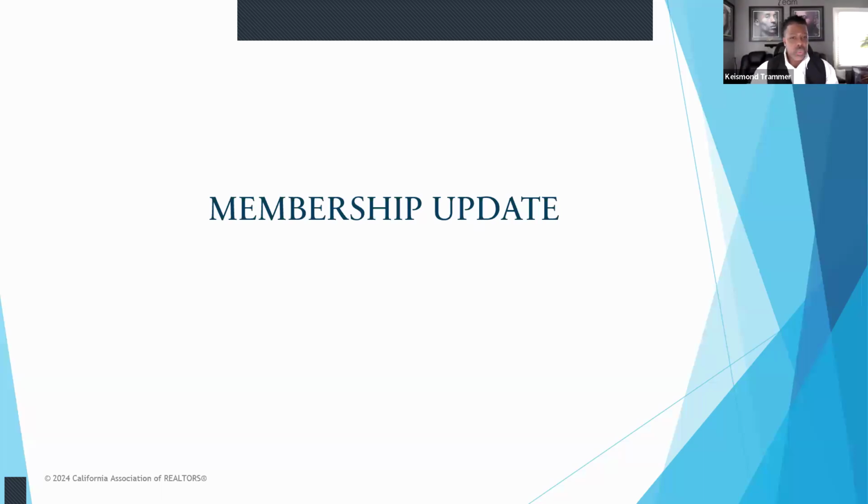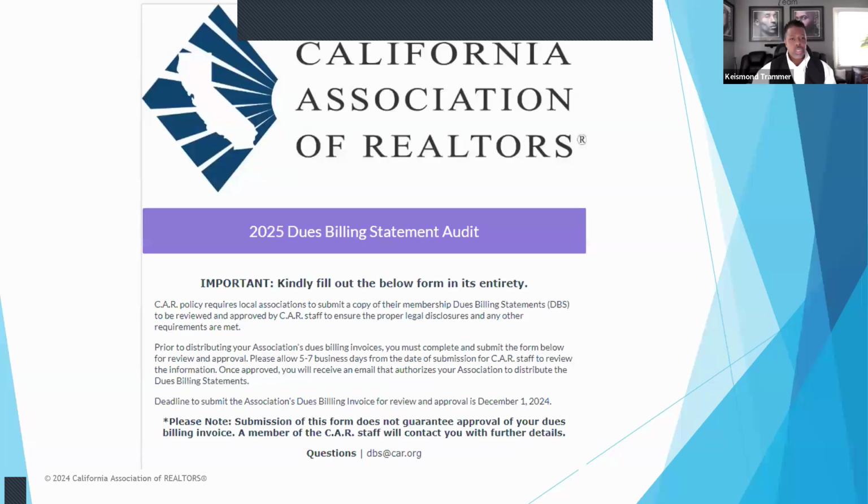So I just want to cover a few things regarding the dues billing process. If you can go to the next page, Joseph. So the dues billing audit process actually starts today, which means once we are done with today's training session, you'll be in a position to actually pass the audit process, right?